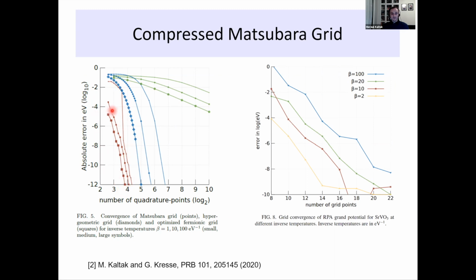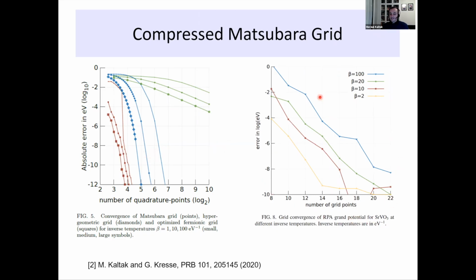If you use the compressed Matsubara grid that we propose in this paper, you have basically the best convergence that is possible. And you see also that the thick lines, which correspond to hot temperatures, always converge faster than the cold grids.